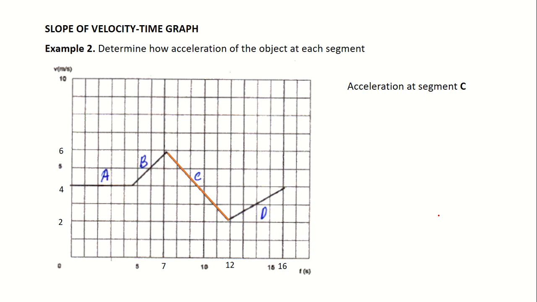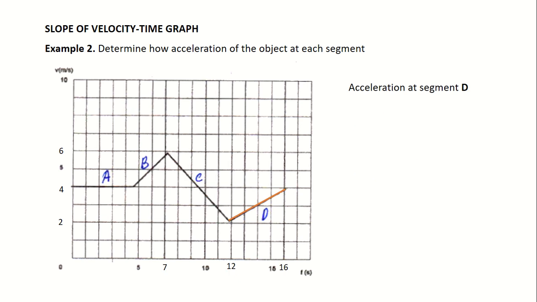At segment C, that's a change from 6 meter per second to 2 meter per second. That's a difference of 4. And then that happened from 7 to 12 seconds. So that's a difference of 5 seconds. And it's a negative value. Acceleration is negative 0.8 meter per second squared.